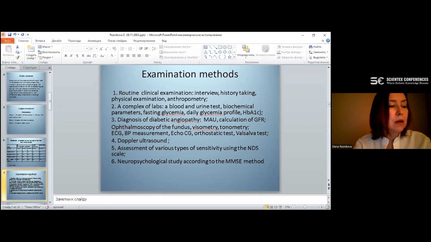Ophthalmoscopy of the fundus, dosimetry, tonometry, ECG, blood pressure measurement, echocardiography, orthostatic test, and Valsalva test. Microalbuminuria, calculation of glomerular filtration rate, Doppler ultrasound, and assessment of various types of sensitivity using the DNA scale and a neuropsychological study.